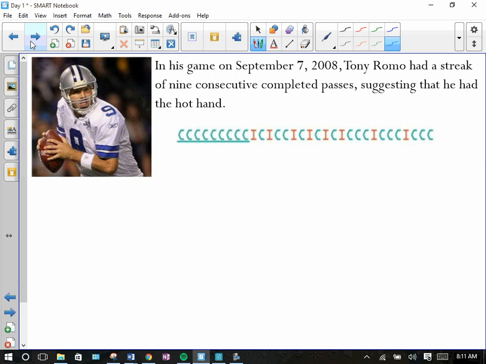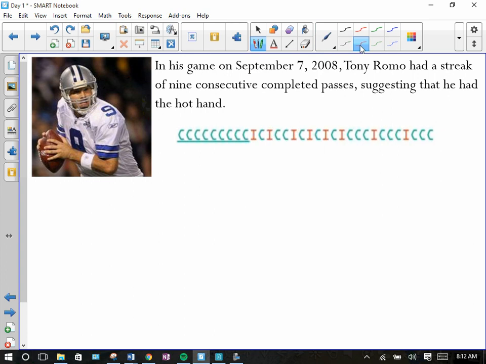Typically, to get our test statistic we would calculate the winning percentage for home and road games. Now, to get our test statistic in these cases, we're going to find our longest streak. The longest streak here was 9. So our test statistic is going to be 9.